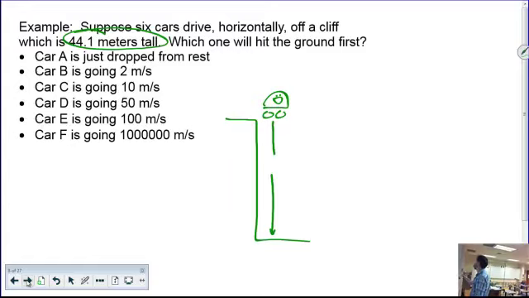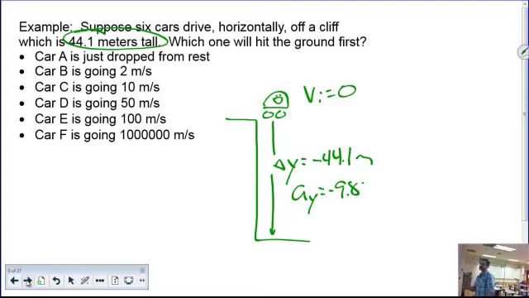I'm going to call this delta y. Historically, we would have called that delta x, but now because we're moving vertically, let's call it delta y. Here's what we know. Our initial velocity is 0. Our delta y is negative 44.1 meters. Our acceleration vertically is negative 9.8 meters a second squared.